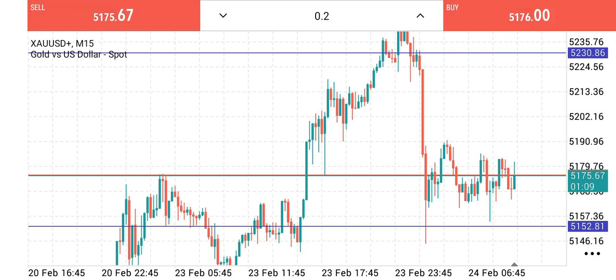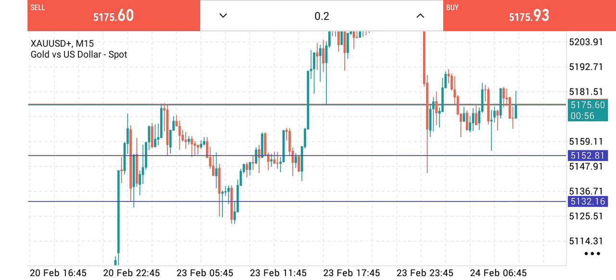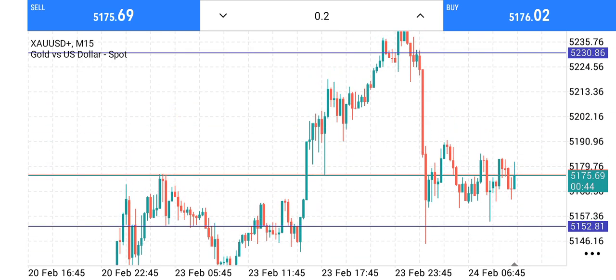Wait whether the market touches your supply zone here, or you let it come back to retest this order block or touch this demand zone here before you enter for your buy. If you touch this demand zone here, you enter for buy. If you touch your order block here, you enter for buy. Or if you go up, touch your supply zone here, you enter for sell.